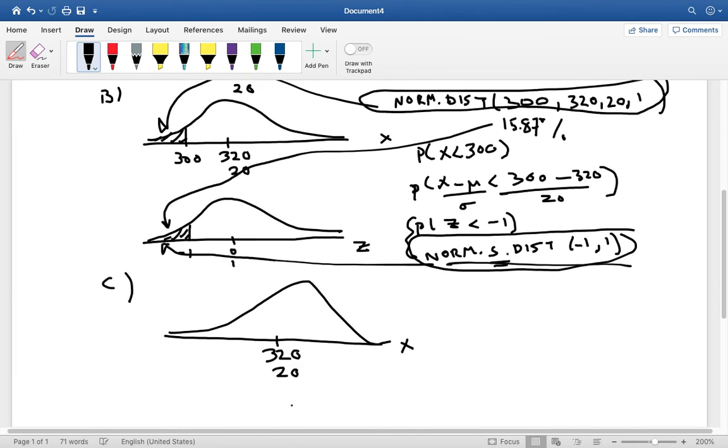Okay, so 335 is here. When you do the diagram, it's pretty cool because you can see that this area has got to be less than 50%, because half the area to the right is 50, and half the area to the left is 50, even though it might not be so clear from some of my diagrams.